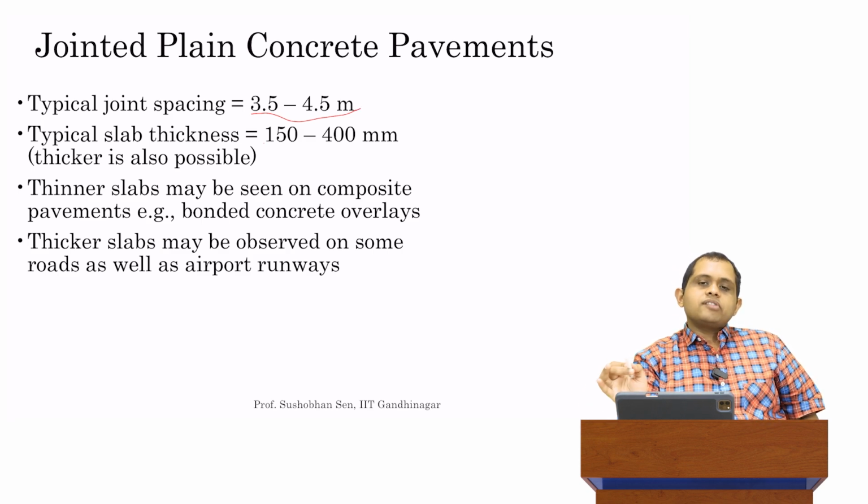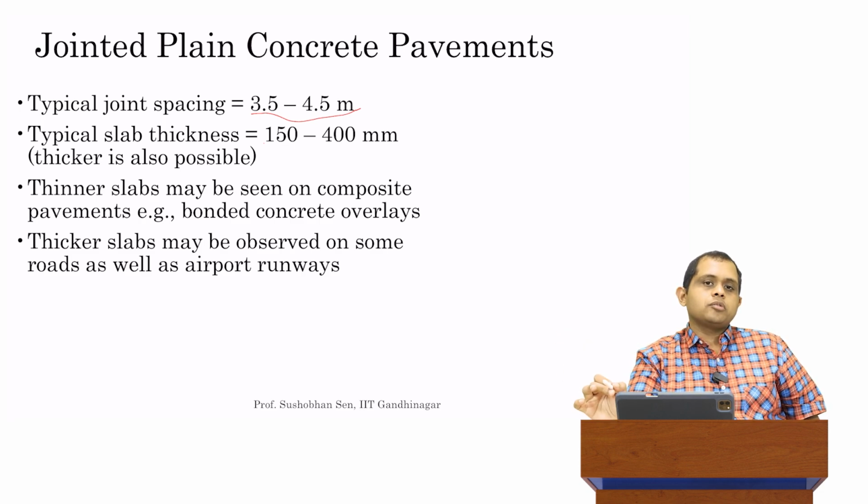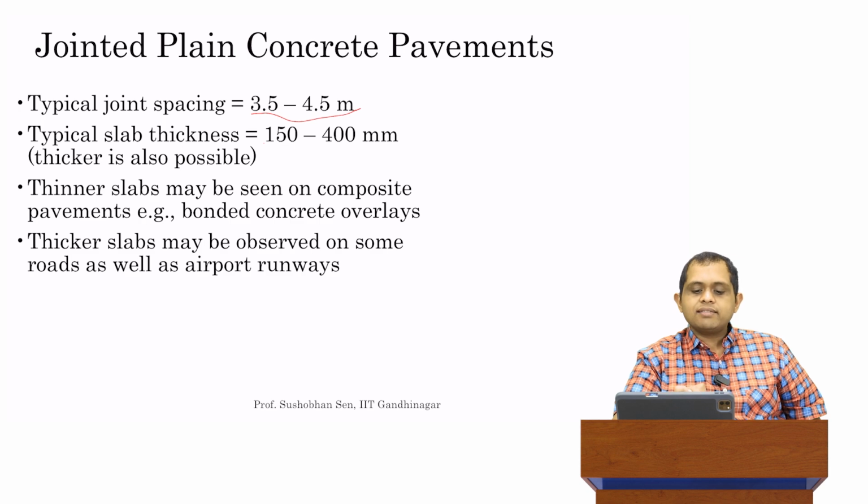Most JPCP pavements in India, if you go out on the road and measure one, of course being careful of traffic, you'll see that they are roughly 3.5 to 4.5 meters in length.